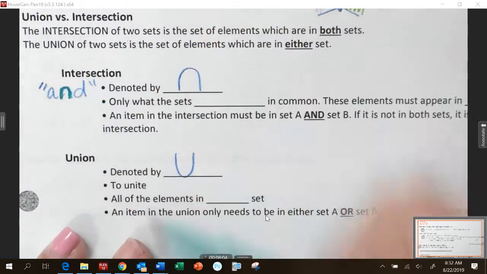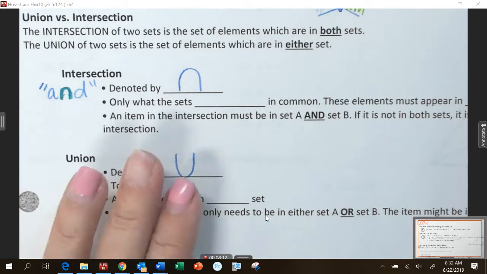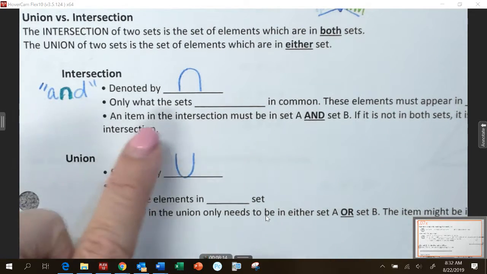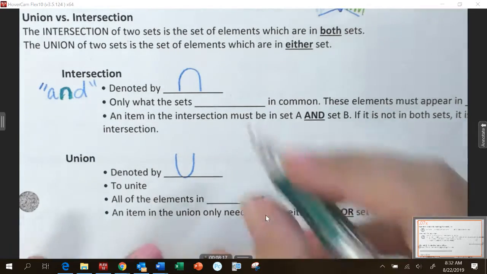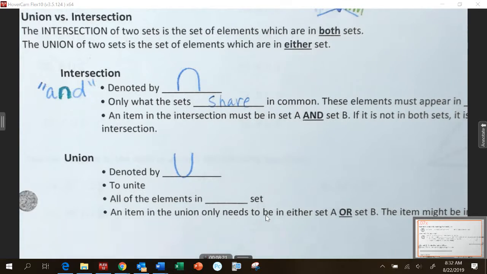There's the upside down U. The N. It's not an N, but it kind of looks like an N if you think about it. Close enough. So intersection, only what the sets share in common. It's what they have in common. It's what they share. These elements must appear in both sets.